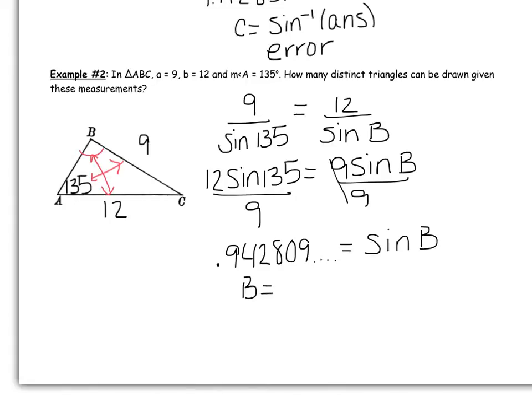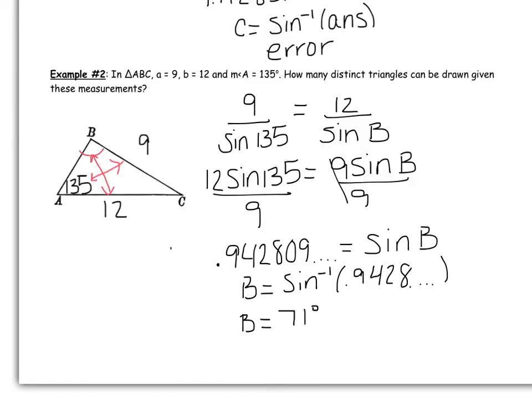B is the inverse sine, so sine inverse of 0.9428... So in the calculator, second sine, second answer. For angle B, you get that it's about 70.5, so let's round that to 71 degrees.